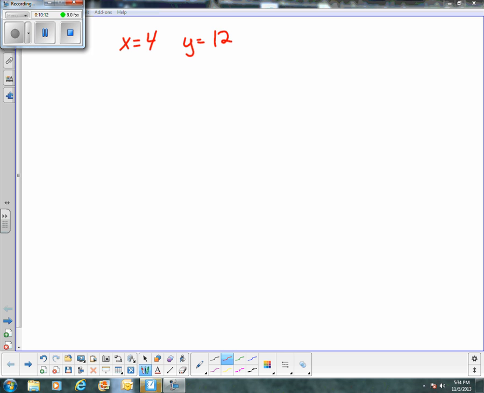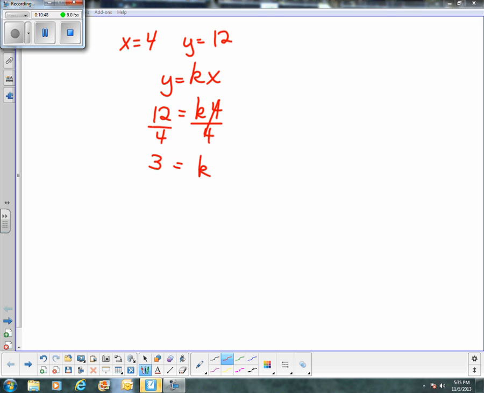So our formula, y equals kx. We substitute values. So 12 equals k4 or 4k. If I want to get k by itself, I'm going to divide by 4, and k equals 3.